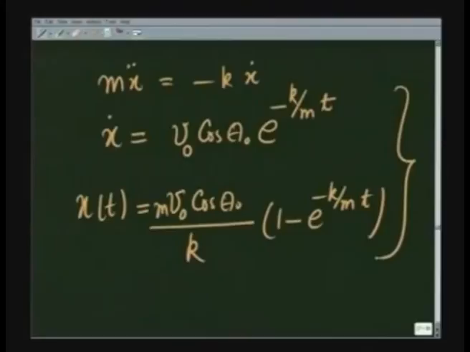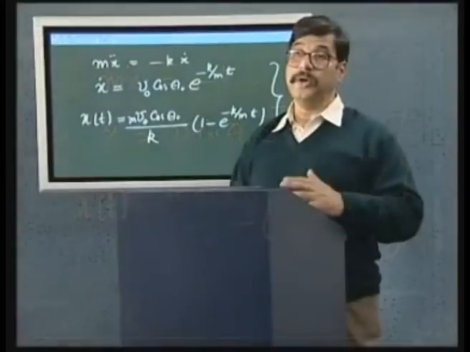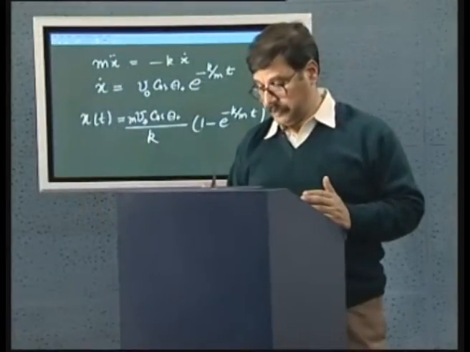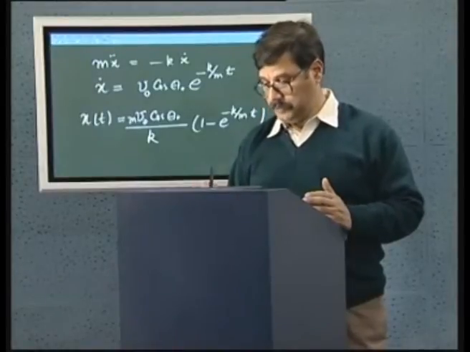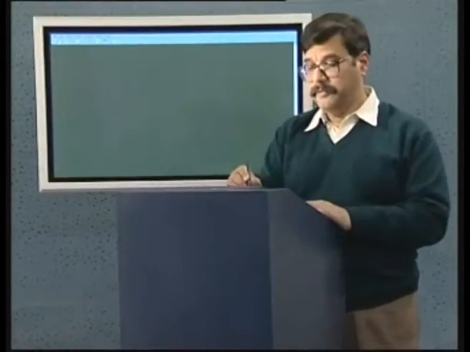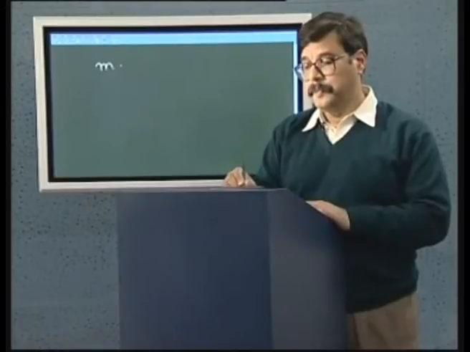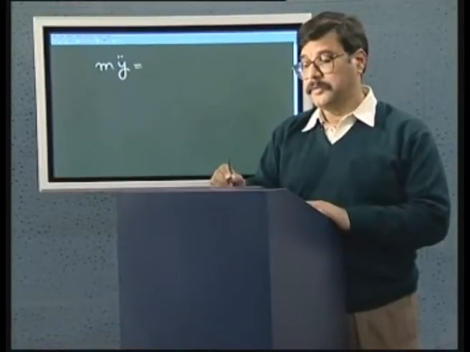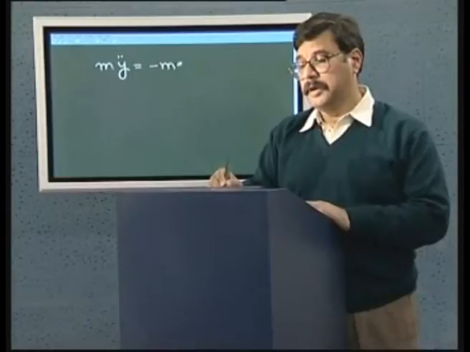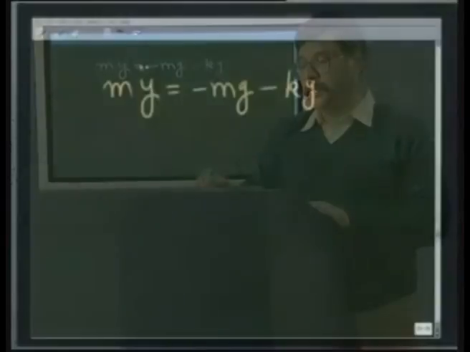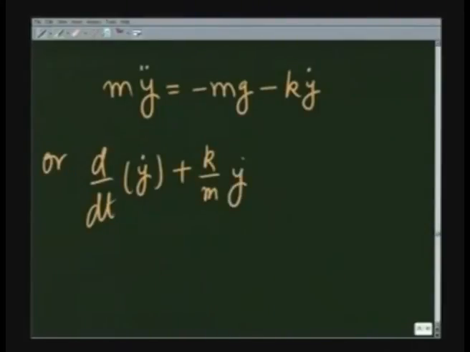This is the motion in x direction, and this is going on concurrently with motion in y direction, for which I have m y double dot is equal to minus mg minus k y dot, or d over dt of y dot plus k over m y dot is equal to minus g.